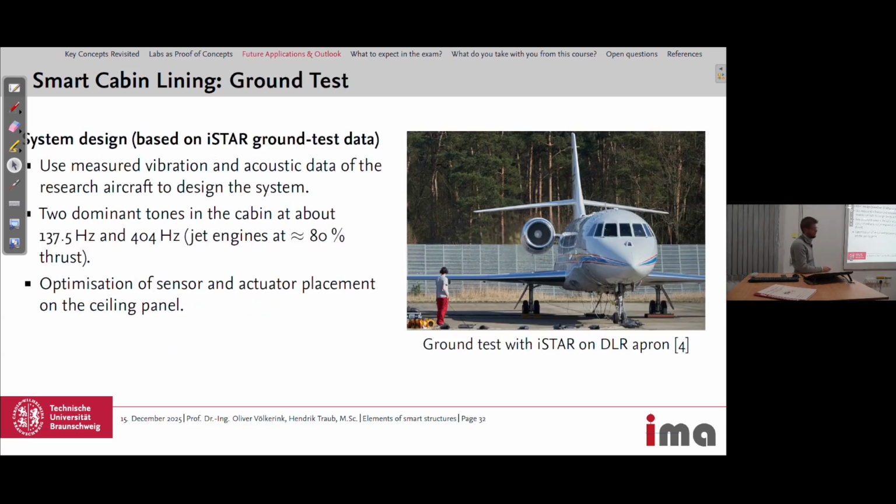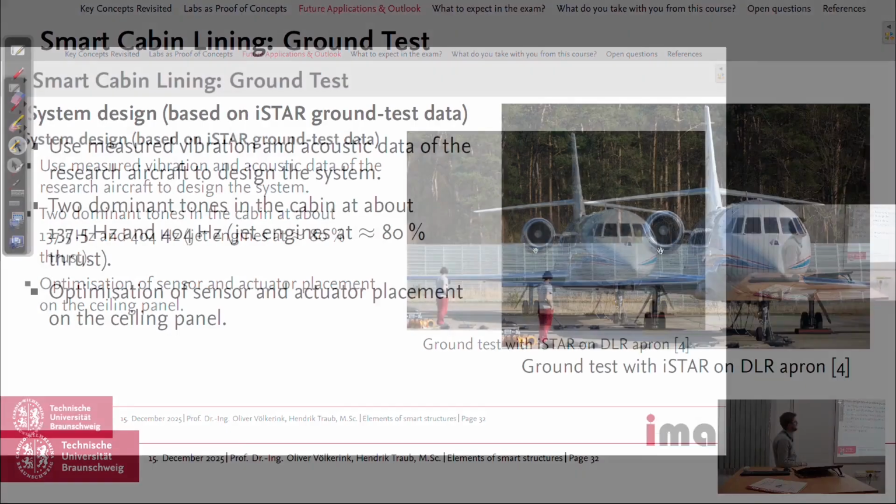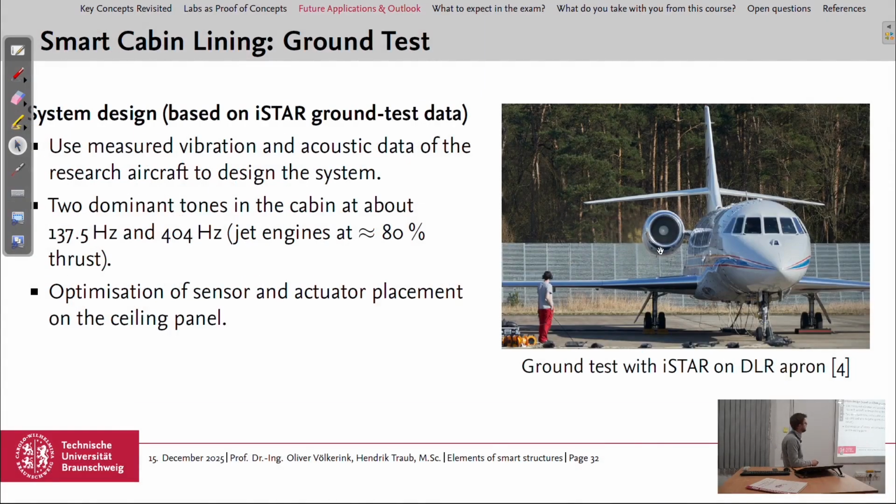What was the content of the project? One of the research aircraft from German Aerospace Center was used. This is a Dassault Falcon aircraft, and they did ground tests with the engines running at up to 80% of thrust, and then identified that there are two dominant tones in the cabin at 137.5 Hertz and 404 Hertz.